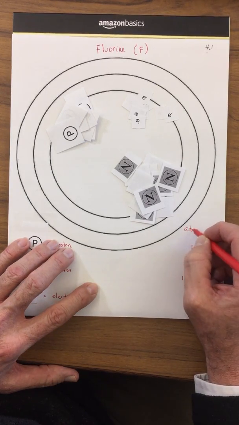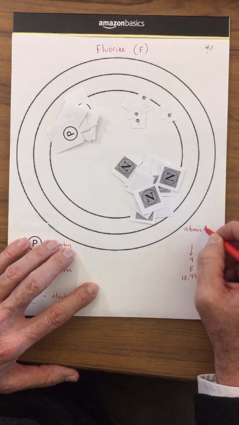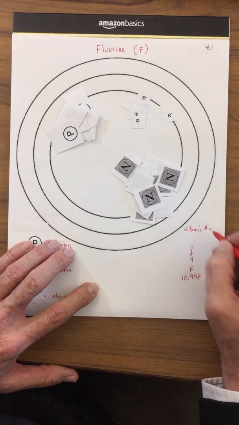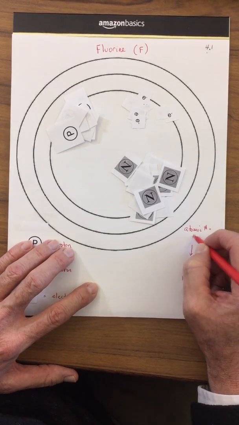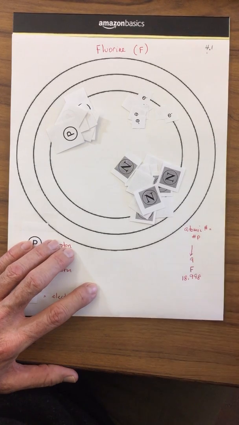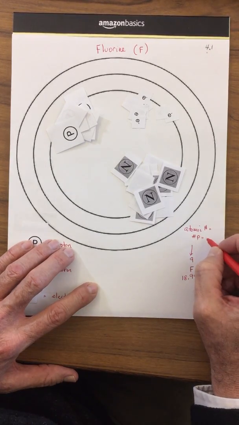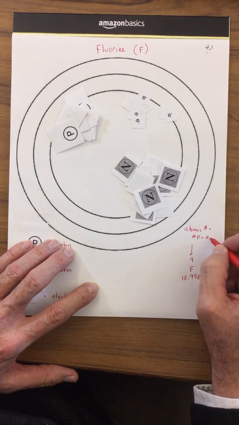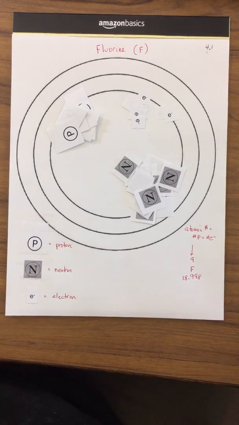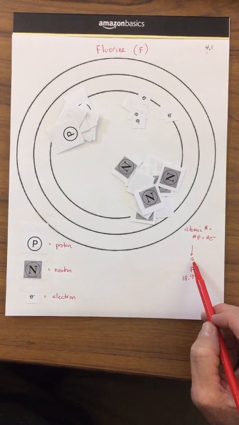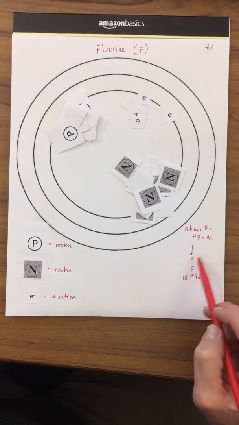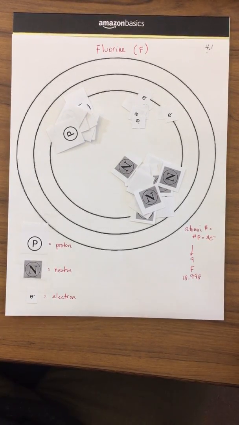This is called the atomic number, but it also tells us the number of protons, and it also tells us the number of electrons. So it tells us those 3 things. It's the atomic number, it tells us the number of protons, and it tells us the number of electrons.